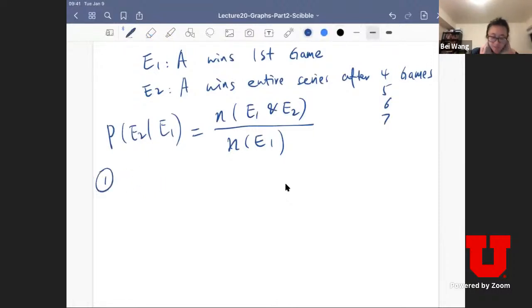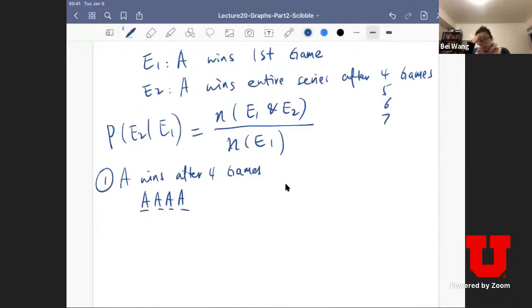The case number 1 is A wins after 4 games. It wins the first game, and it also wins after 4 games. That means the configuration is just A wins every single game. So the probability, using this formula, has only one configuration on top.